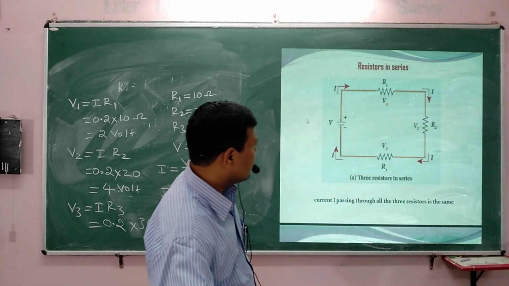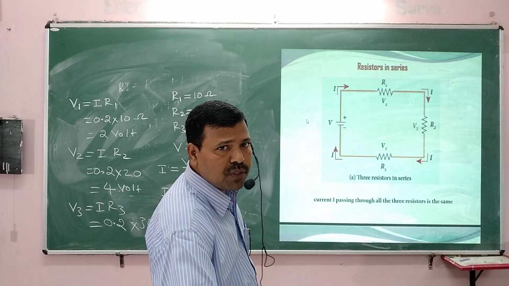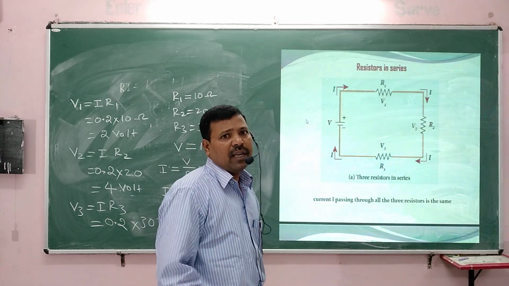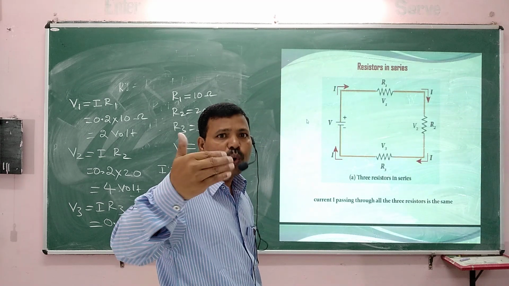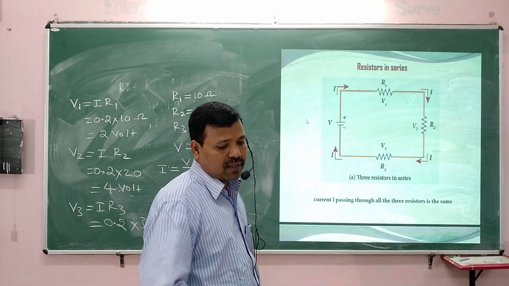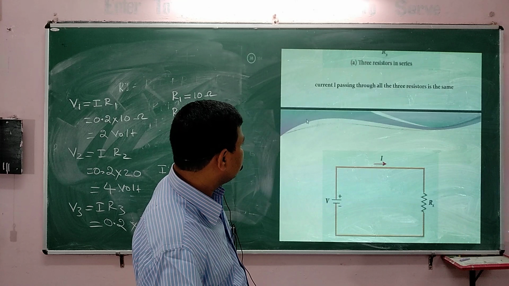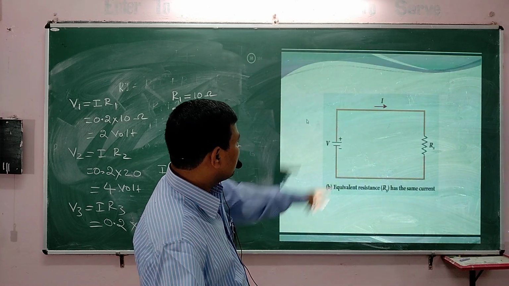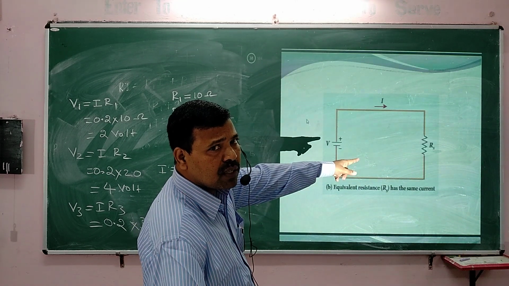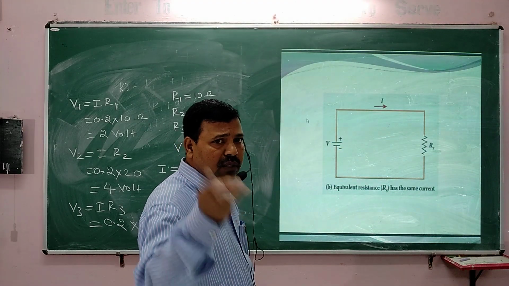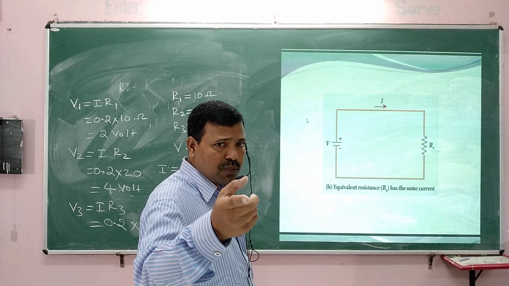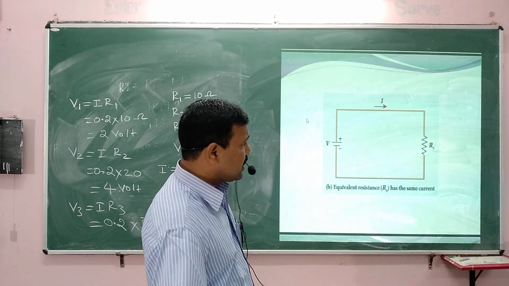Such a combination of resistors is used in electrical and electronic circuits in order to slow down the speed of current. So this RS means R1 plus R2 plus R3. So all the three resistors are replaced by one equivalent resistance.